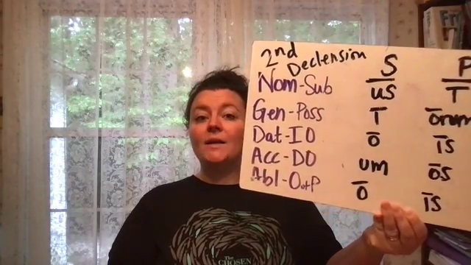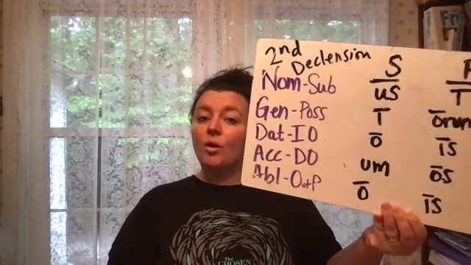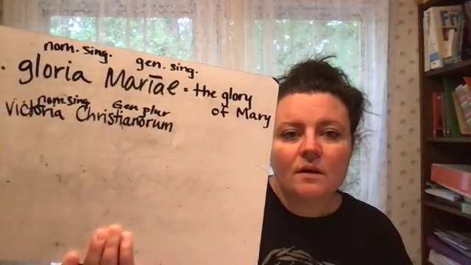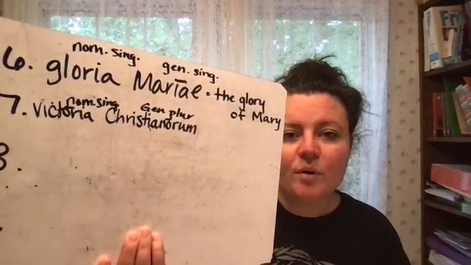Okay, here's a genitive possessive plural. So let's write that, genitive plural, on our homework. Nominative singular, can you see it? Genitive plural. So the blank of the blank, the victory of the plural, Christians.